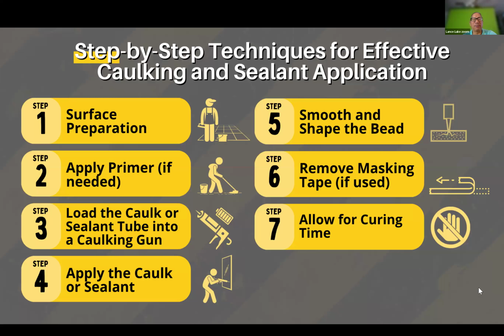Because if you cut the tip and it's too small, you're not going to get enough caulk. If you cut it and it's too big, now you've got too big of an area and it's going to get sloppy.